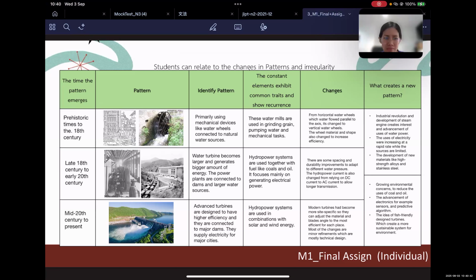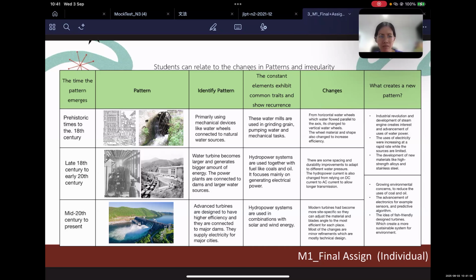I focus on how it is powered, or how the device works. I identified it as mechanically powered, because it's only water wheels letting the water flow through, and they only use it for mechanical purposes like grinding grain.